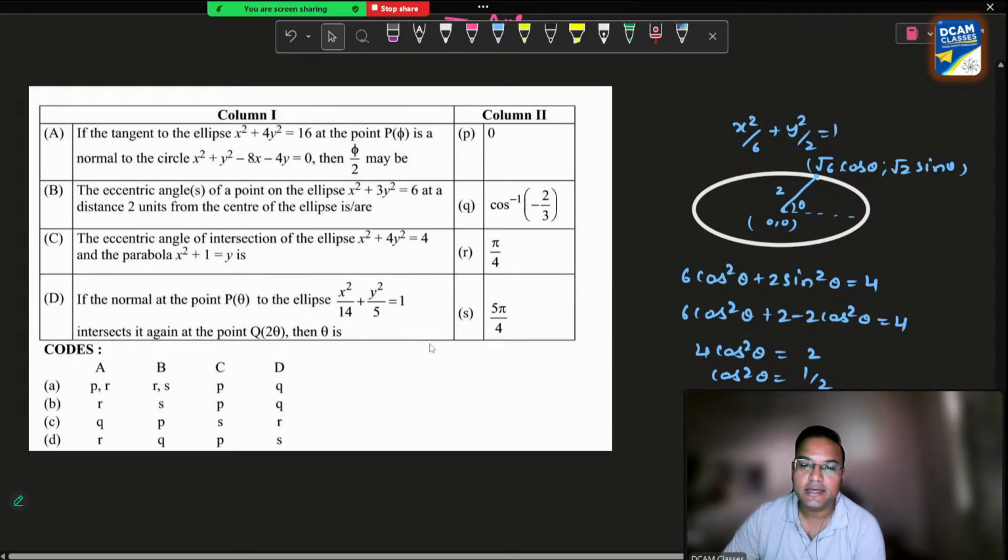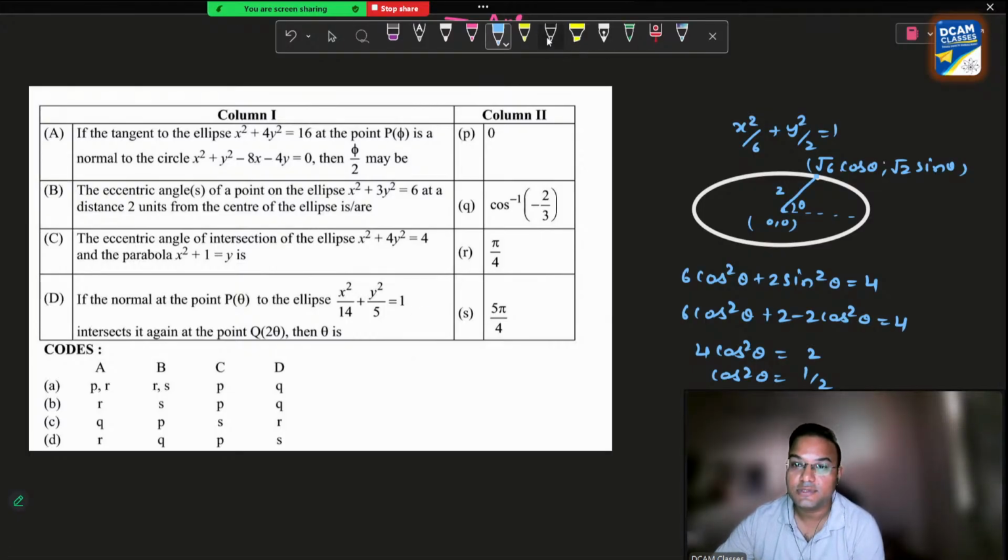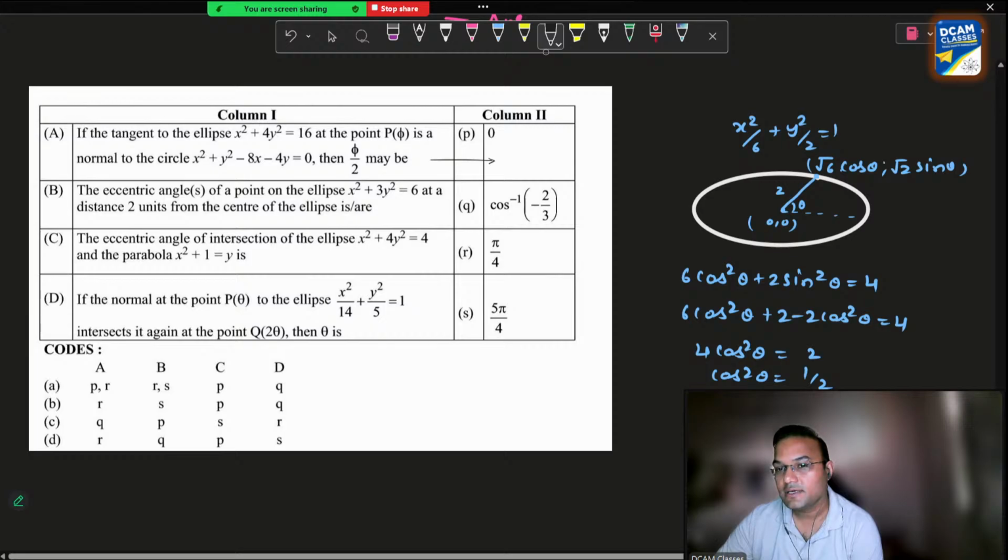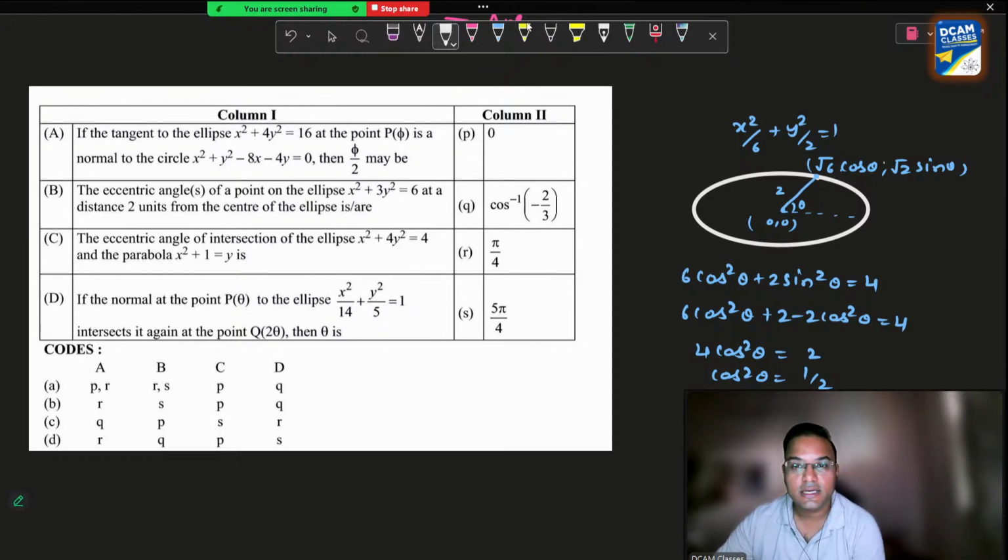See, during my year, for the first time they introduced these kinds of things. The mistake I made was, like we saw, I thought only one answer would be there. I ticked one answer. Suppose for this example, for the second point, we are getting two answers, this and this.